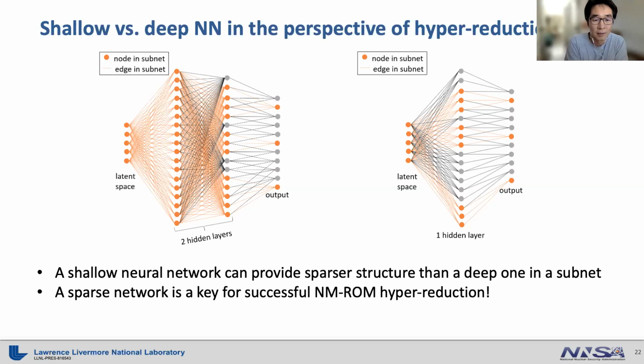We are the first group to come up with an efficient hyper reduction using the shallow narrowed neural network. At this moment, a lot of reduced model groups are actively working on that, banging their heads on the wall.